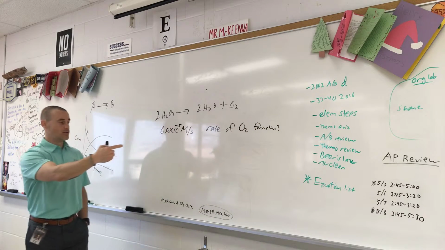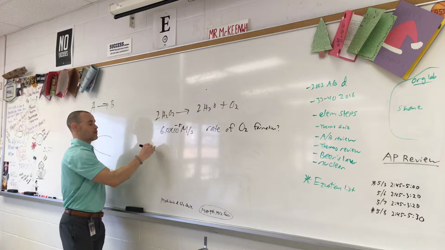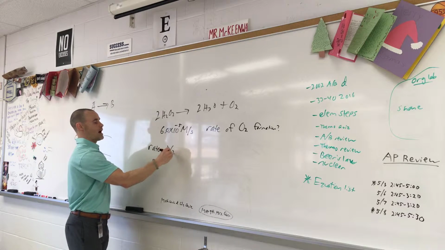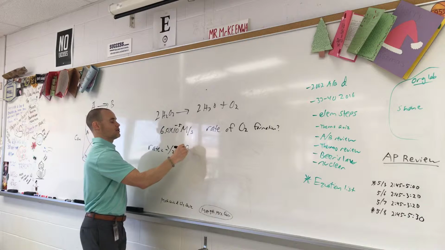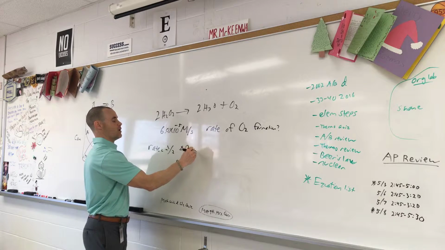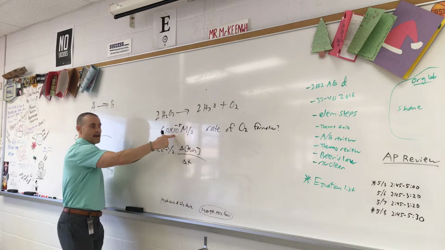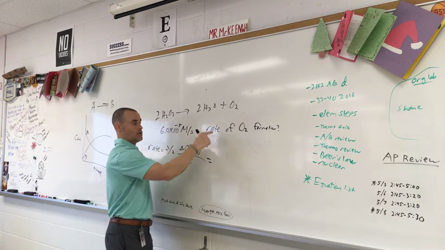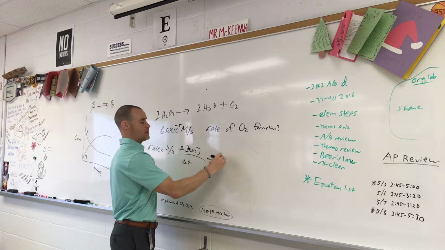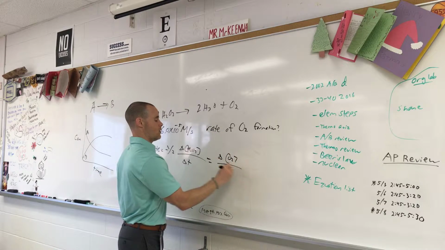This is exactly what I was just talking about. So the rate expression would be 1/2 times the change in concentration of H2O2 over change in time. This is that number, which is equal to the change in concentration of O2 over change in time.